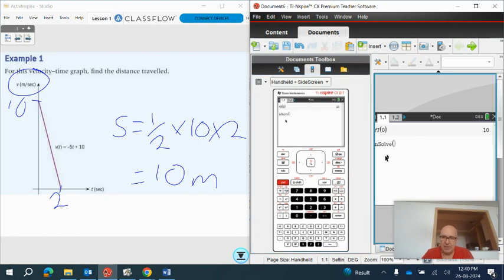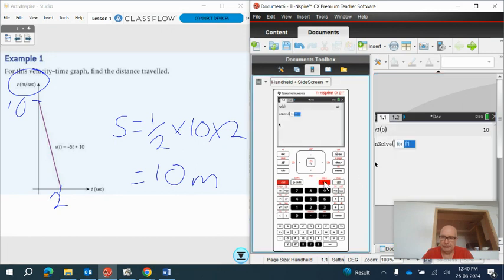We want to nsolve when the function, in terms of x, is equal to 0 and solve for x. And we get 2. So 0.5 times 10 times 2, 10 meters.